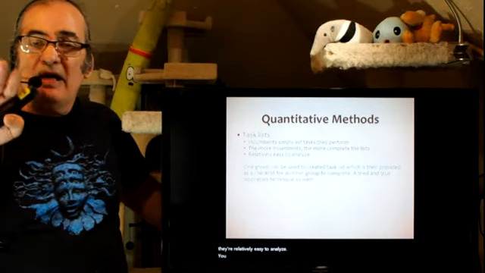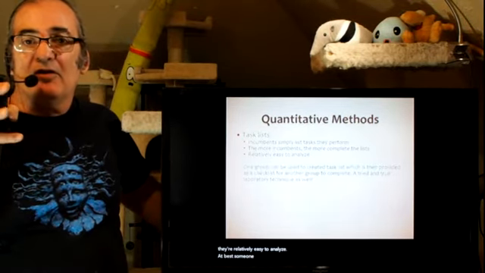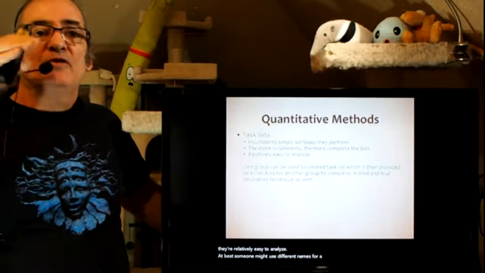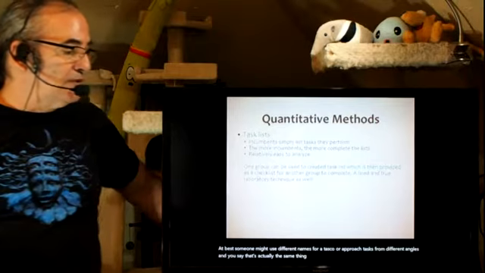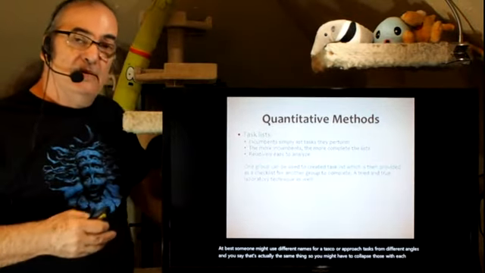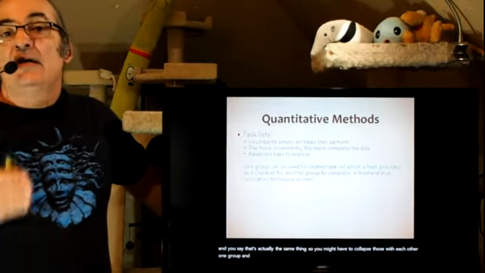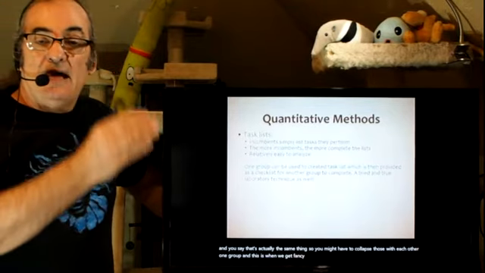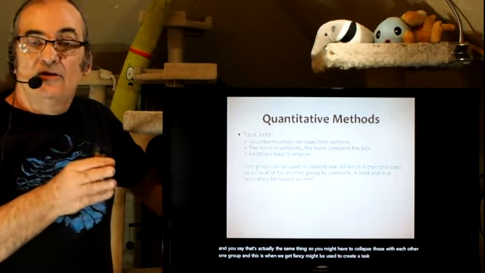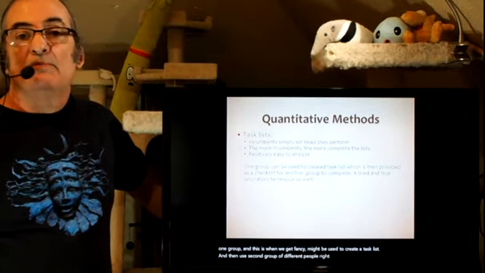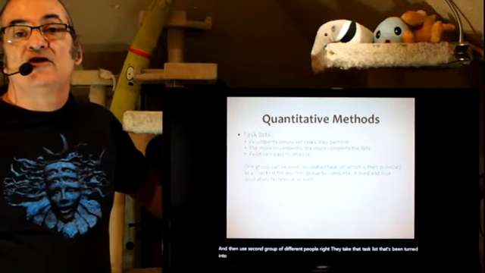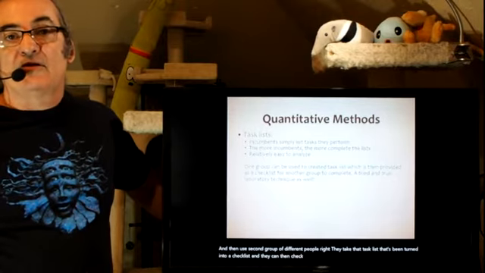At best, someone might use different names for a task or approach tasks from different angles, and you say, well, that's actually the same thing, so you might have to collapse those. One group, and this is when we get fancy, might be used to create a task list, and then a second group of different people take that task list that's been turned into a checklist, and they can then check off the tasks that they actually perform.